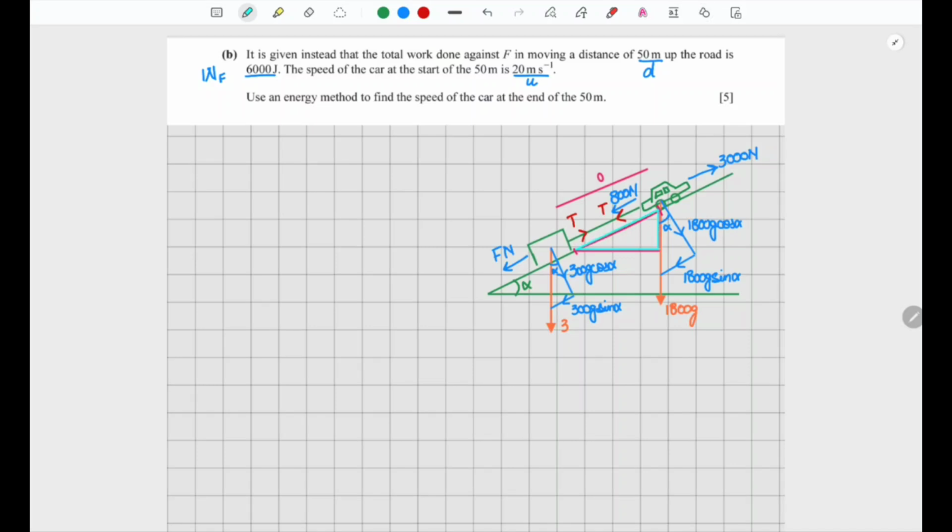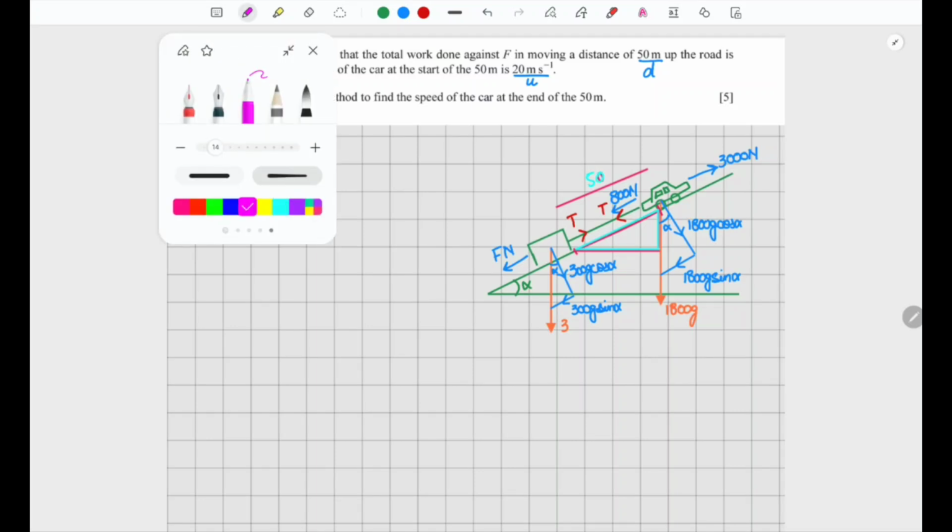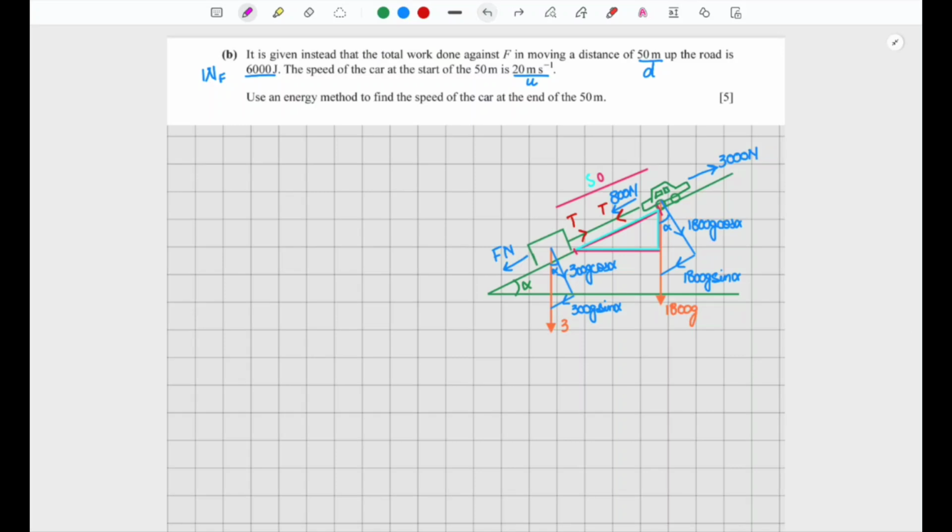So this is your 50 meters distance covered. If this is alpha, then this would be 50 sine alpha, and this must be 50 cos alpha.